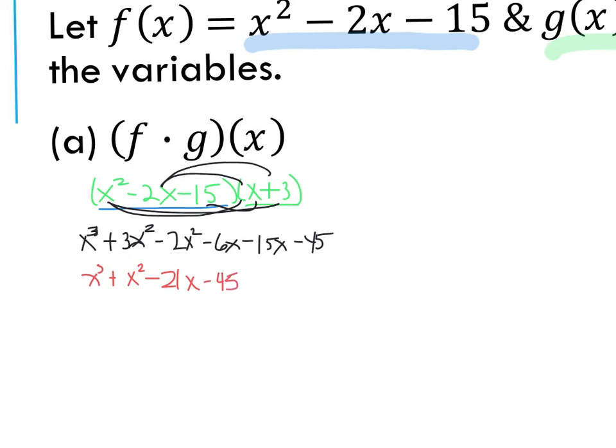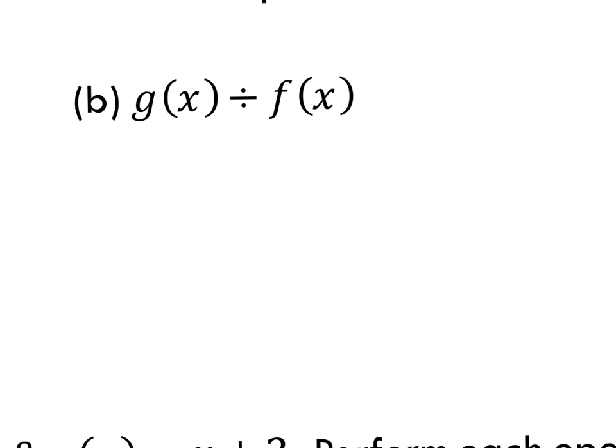And that's it. If we look at B, we want to do g of x divided by f of x. Remember, g of x is x plus 3, and f of x is x squared minus 2x minus 15. And in the last unit, remember, we simplified these.